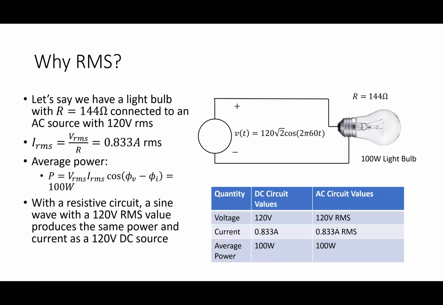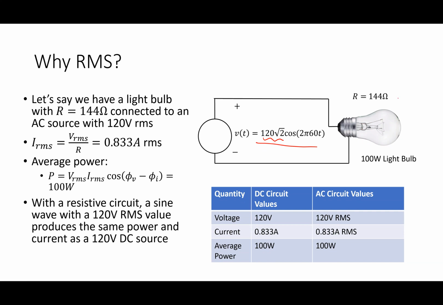If I hooked that same light bulb up to this voltage source, this guy's 120 square root of 2 is his peak value. What's the RMS value of this thing? Well, the RMS value would be 120. Yeah, the peak value is 120 root 2, or about 169.